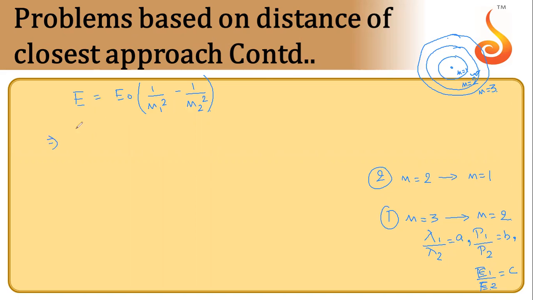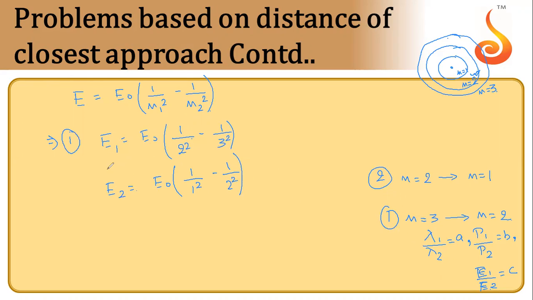So we know this is the formula of energy. For the first case, the energy will be E naught times (1 by 2 square minus 1 by 3 square). That will be the value of E1. Then E2 will be E naught times (1 by 1 square minus 1 by 2 square).